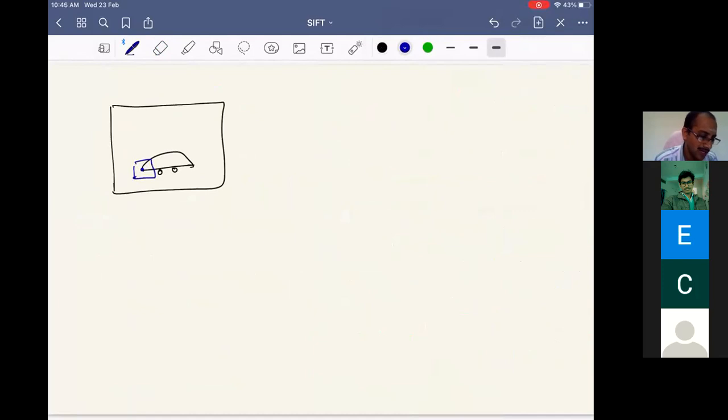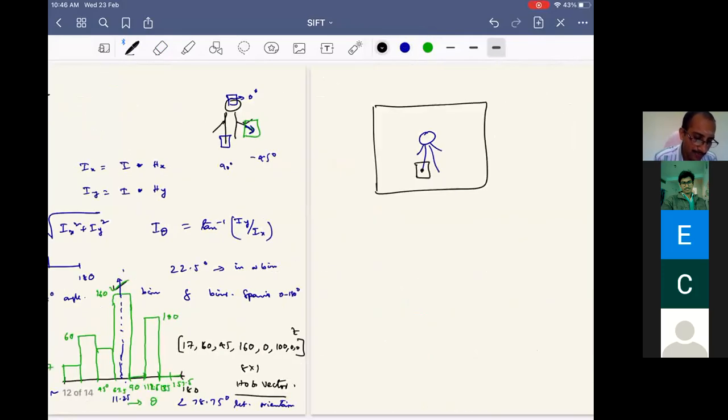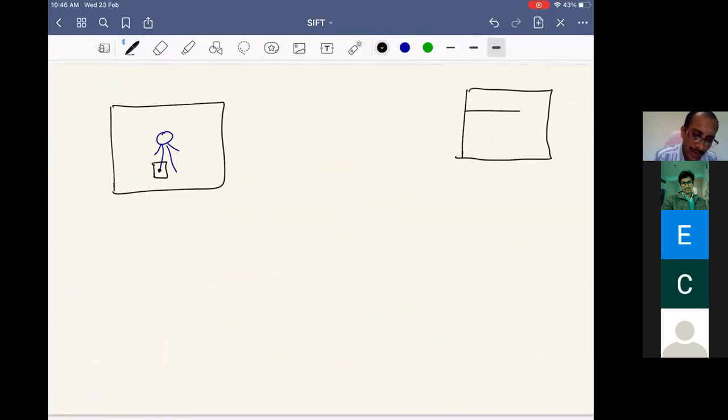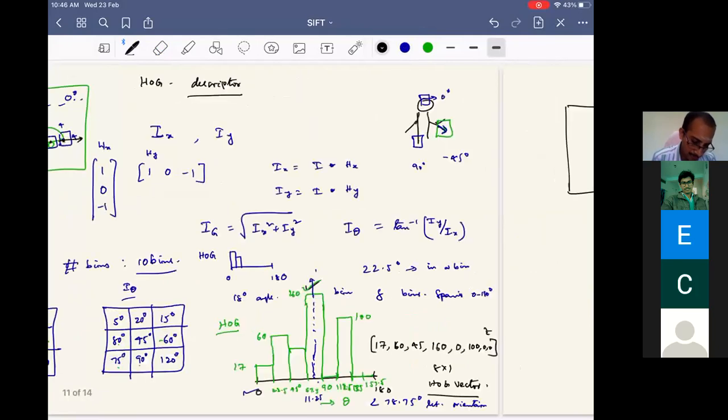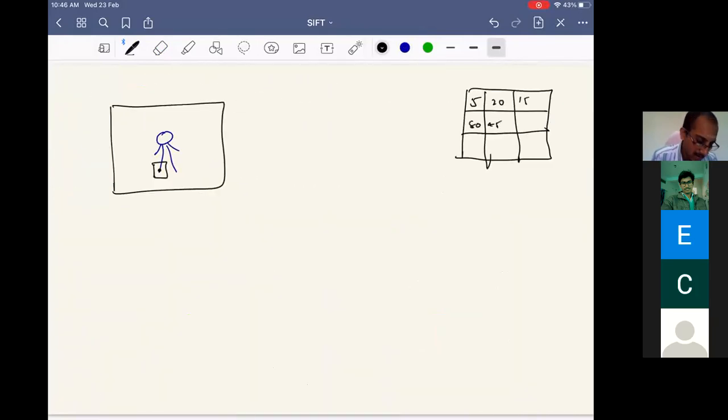For that patch I have noted the angles I got before: 5, 20, 15, 80, 45, 60, 75, 90, 120.